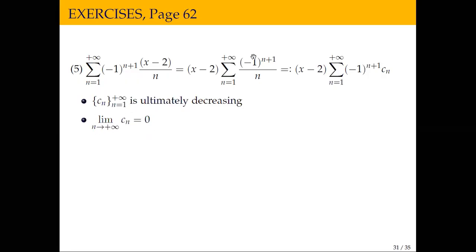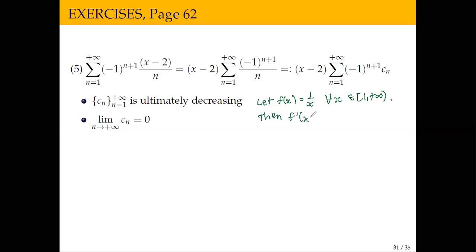For the first question, let us let f of x be equal to 1 over x for all x in this interval. Since that is the case, then f prime of x will be equal to negative 1 over x squared for all x in this interval.